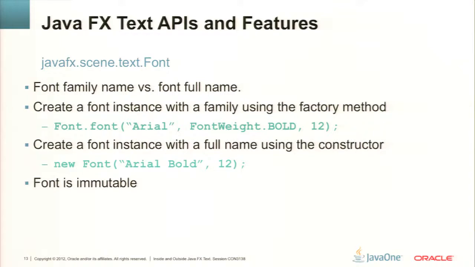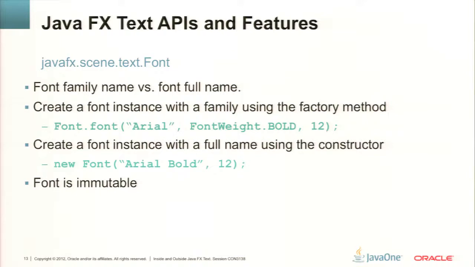I'm not showing it there, but a font object is returned. If you want to use the full name of a font, and you don't use a factory, you use an actual constructor, and you would pass in the full name. So these two methods are both equivalent, at least so long as there is an Arial bold, where it's possible you may find that just fails.